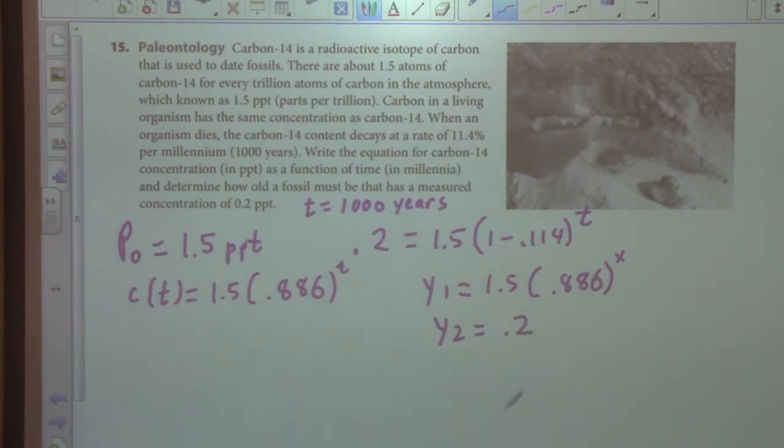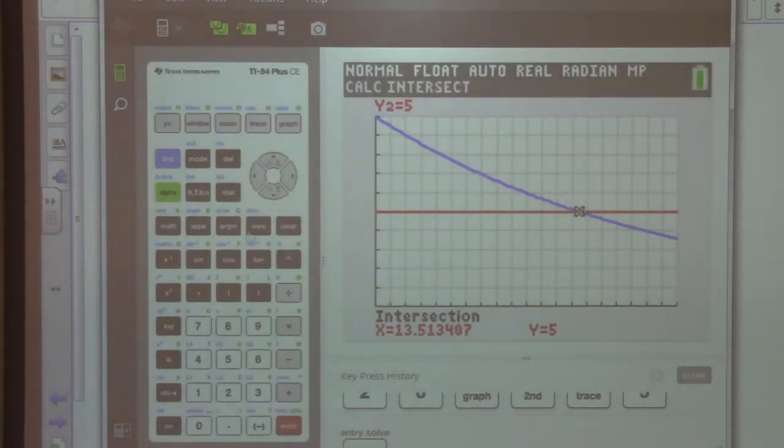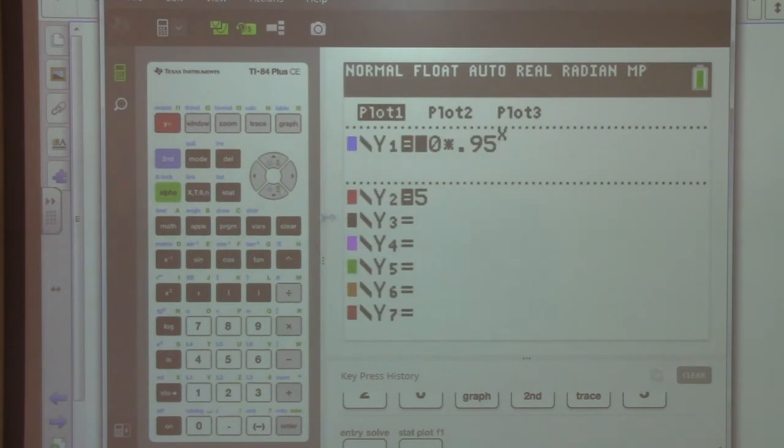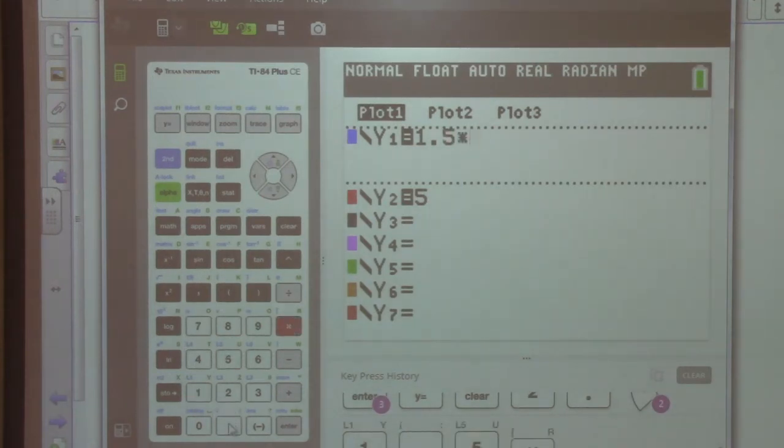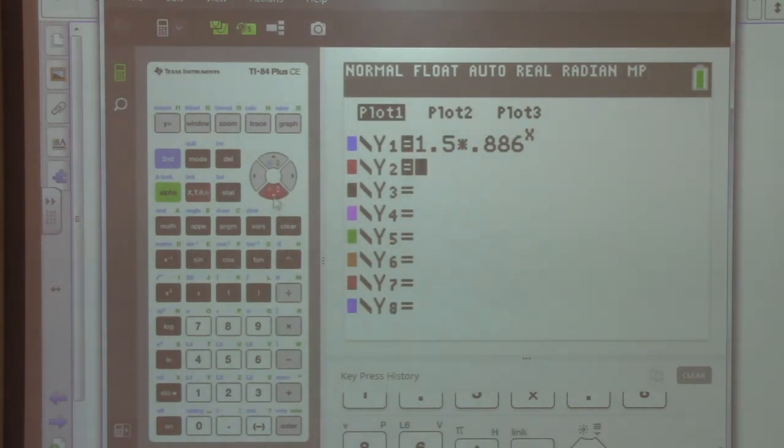Yep. Let's do that in the calculator here. So we have 1.5 times 0.886 to the power of x, and this is going to be 0.2.